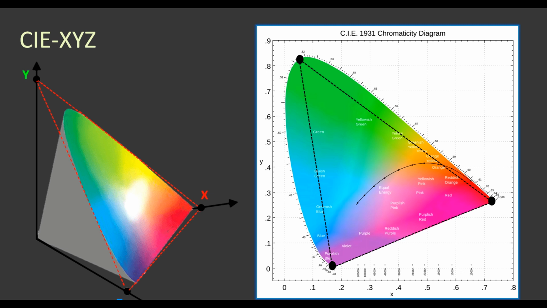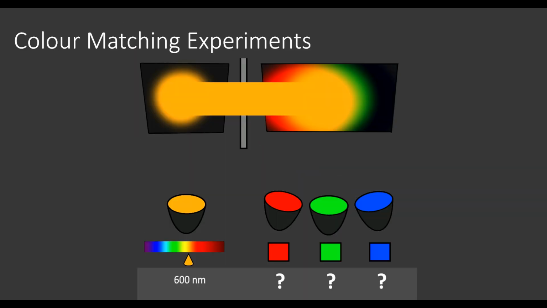Given that XYZ primaries do not exist in real life, one may ask, where did they come from then? This takes us back to the late 1920s, where William David Wright and John Guild separately conducted a series of experiments which served as a basis for the creation of the XYZ color space, which happened in 1931.